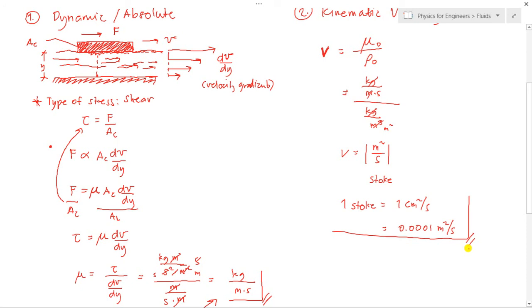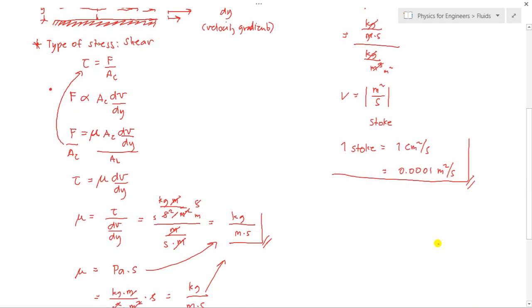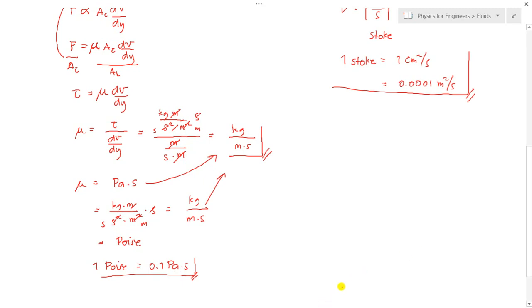So again, ang kalahian sa dynamic ug kinematic viscosity is that kinematic viscosity is kanang parameter nga gi-divide, which is the density. So nag-differ ra siya sa density sa object. So for dynamic, in terms of Pascal second or kilogram per meter second, or you can use the poise, and this is for English or imperial unit.